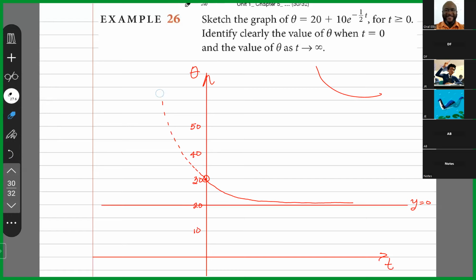This part of the graph does not exist because we are doing values of t starting from t equal to 0, so from t greater than or equal to 0. And this would be the graph of theta is equal to 20 plus 10e to the minus a half t. So this would be a sketch of what the graph would look like.